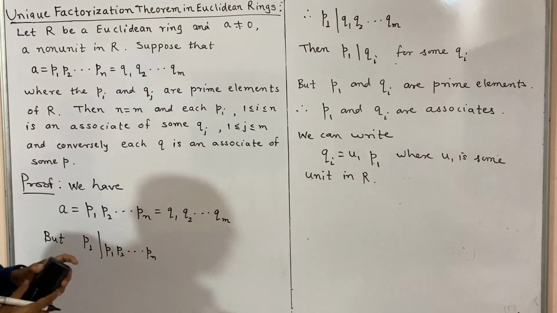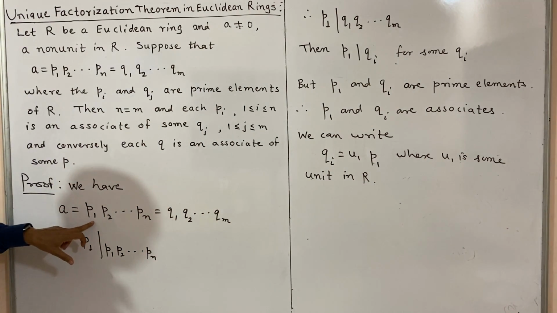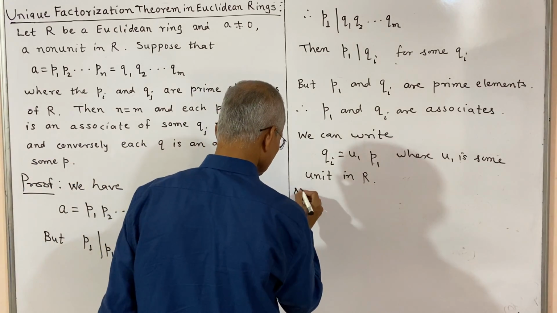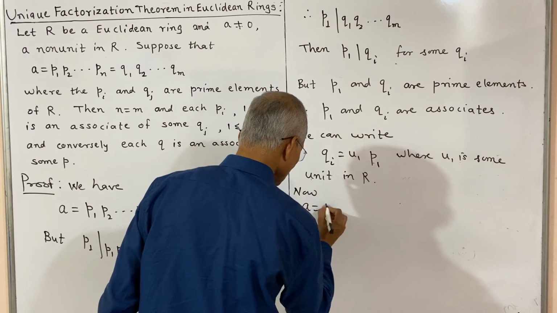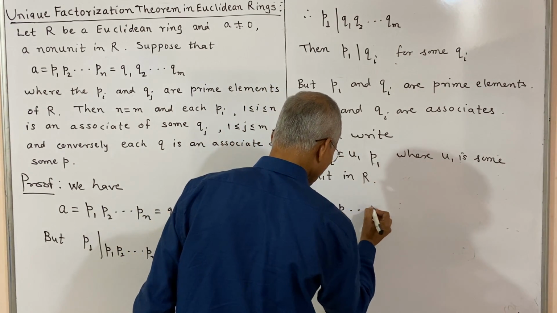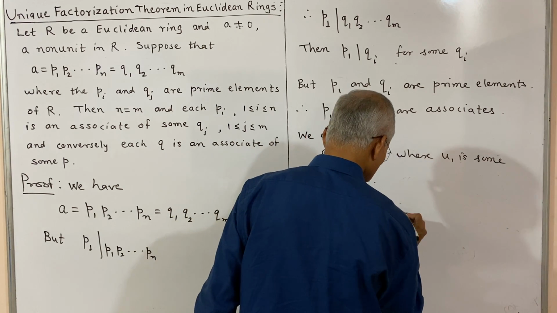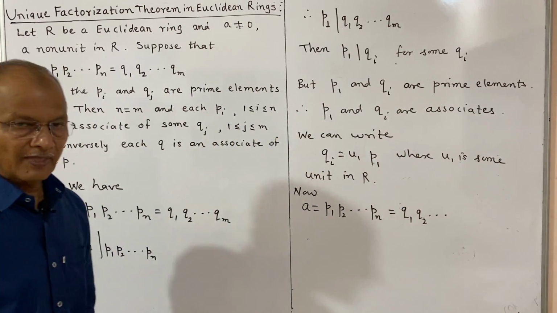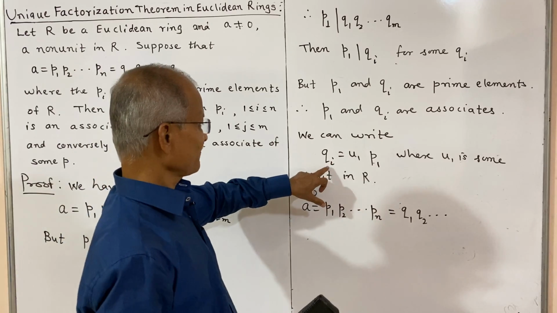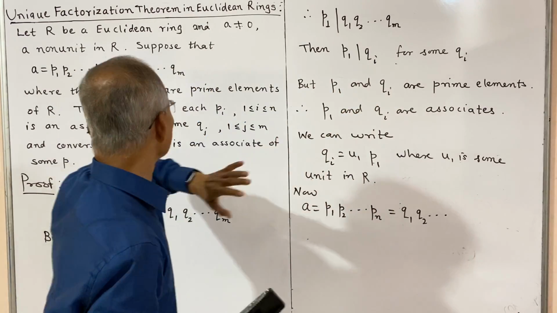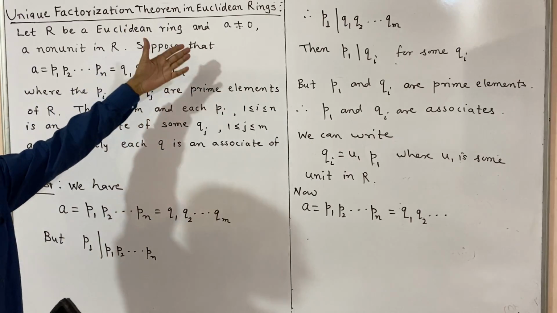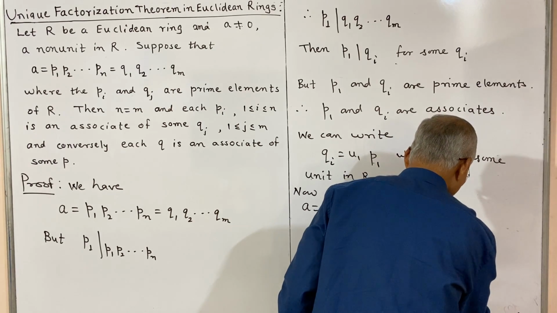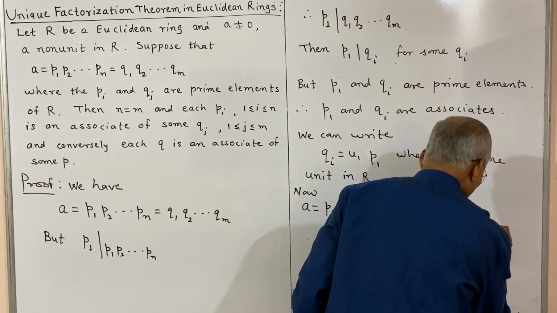Now we consider the same expression here. We have A is equal to P1, P2 up to Pn, and this is equal to Q1, Q2 up to Qm, but in between there is Qi. Qi is an element in this expression; any suffix can be used, so I shall write it as Qi, continued up to Qm.